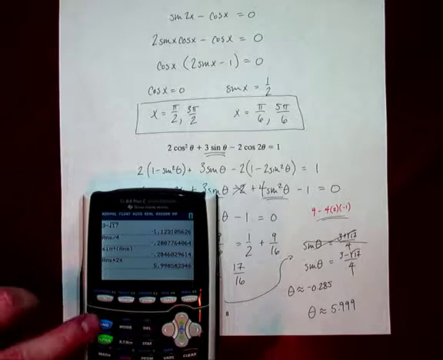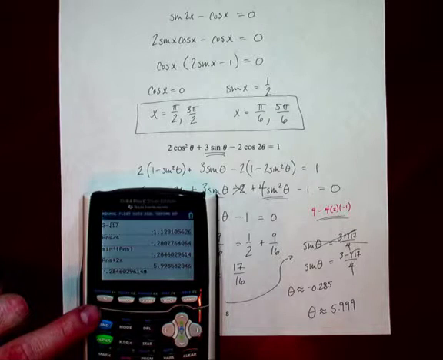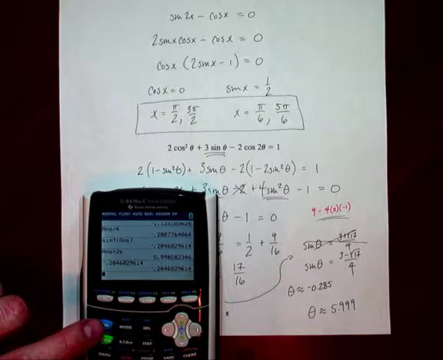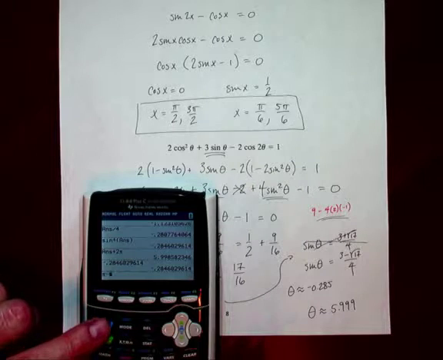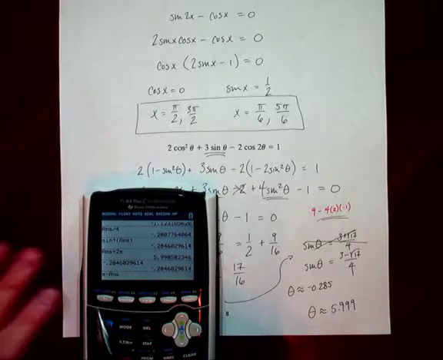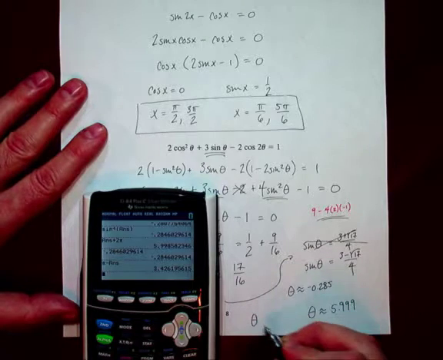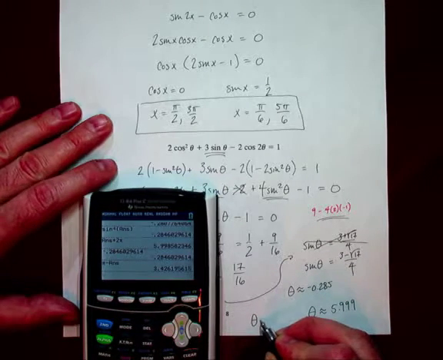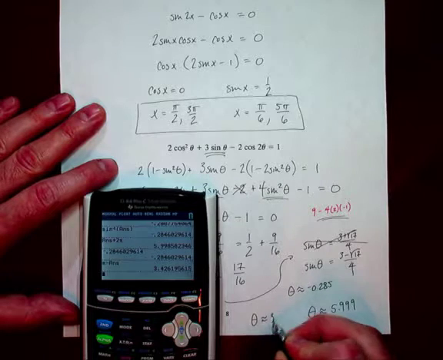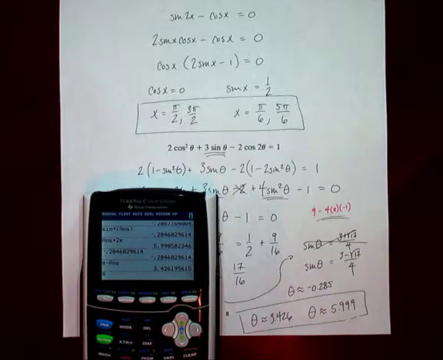So what I need is I need to take pi minus that value, because what I really need is pi plus the absolute value of that, because it's going to be just past pi, right? And so I get 3.426, and those are my two values on 0 to 2 pi.